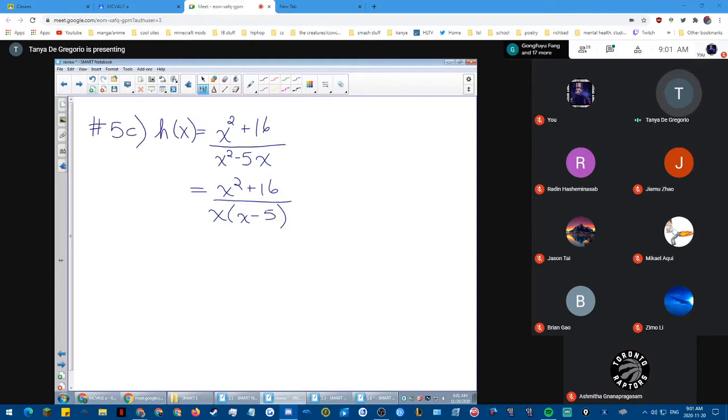So from here, I can see that when x is equal to 0 and when x is equal to 5, we've got 2 points of discontinuity. Now, this question is not asking you to prove continuity, so I don't have to go through steps 1, 2, and 3. They just want to know when it is continuous. Well, it's continuous everywhere else except at these 2 values.